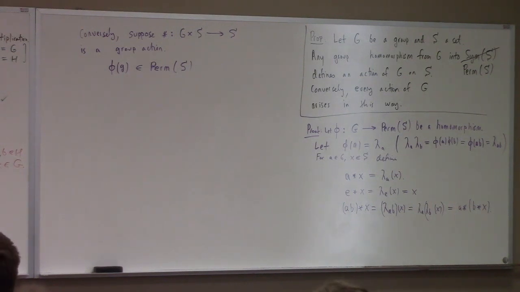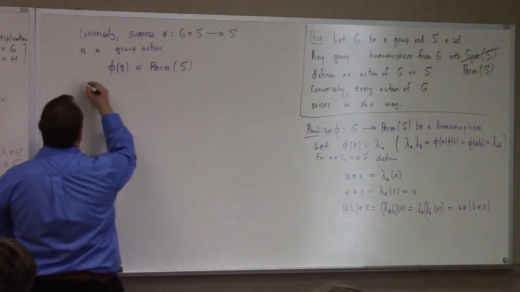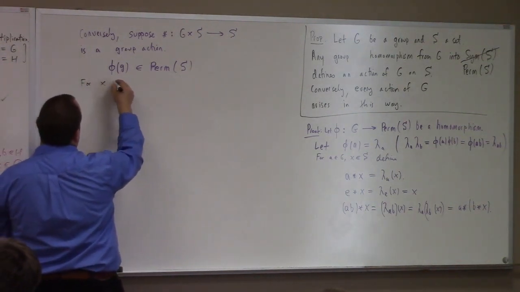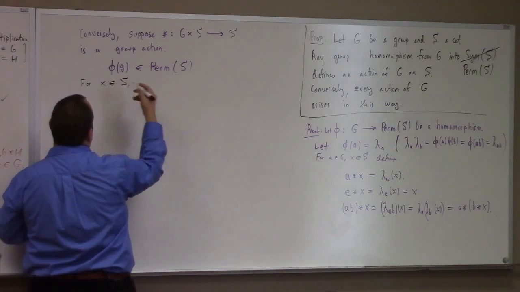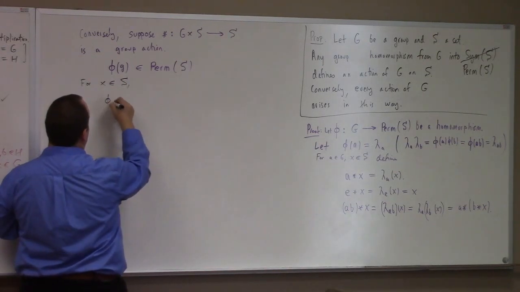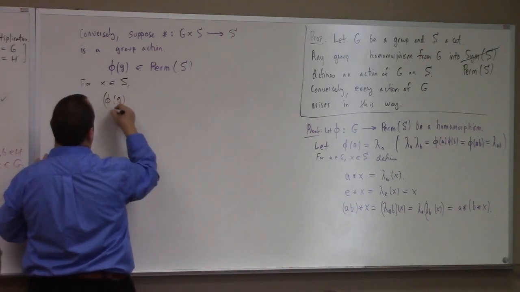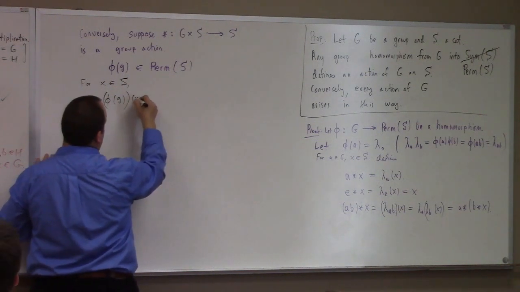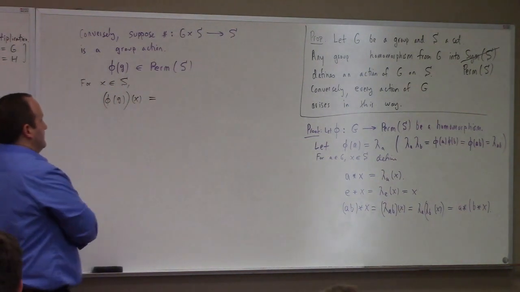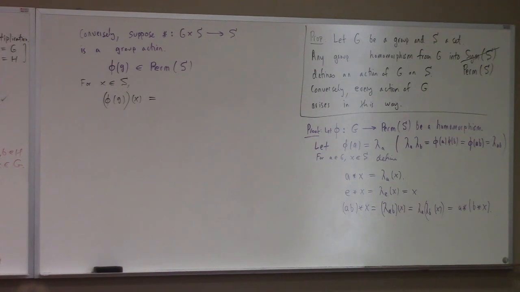So to define this permutation, I need to tell you how it acts on X for each X in S. It's pretty much only one thing we can do here, right? So this function on X is equal to what? How can I get back an element of S using G and X?